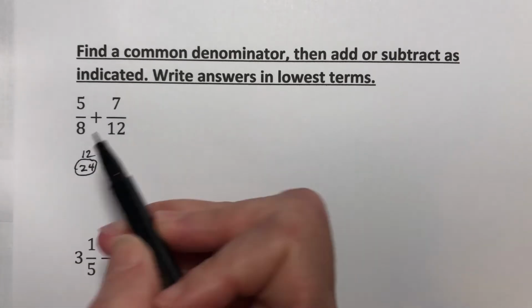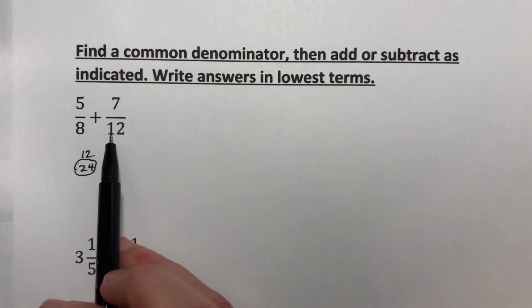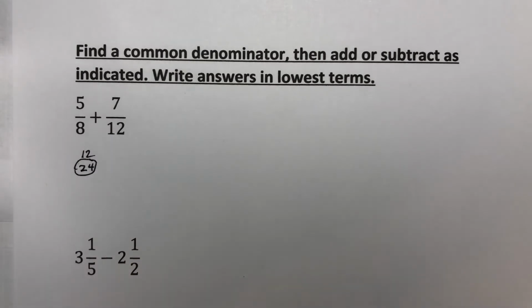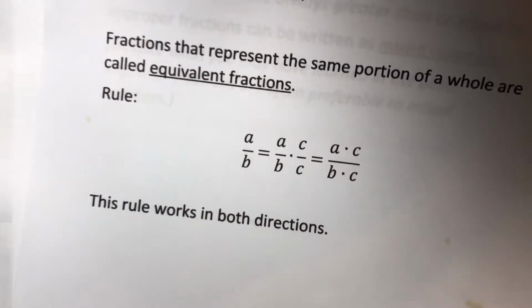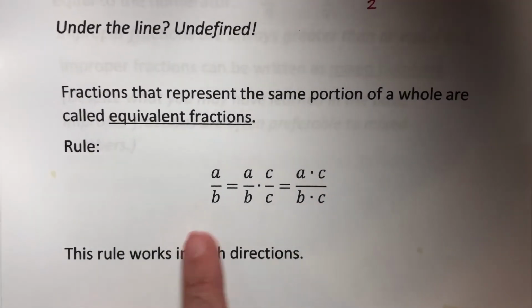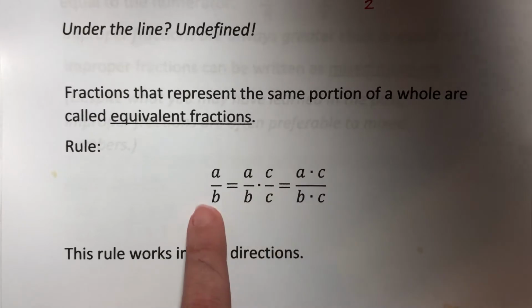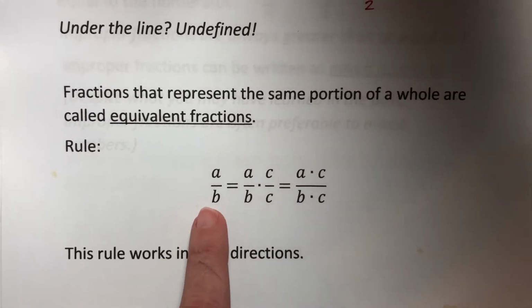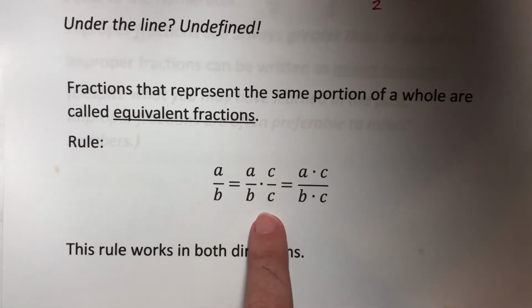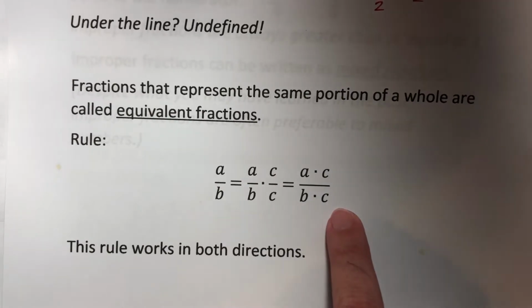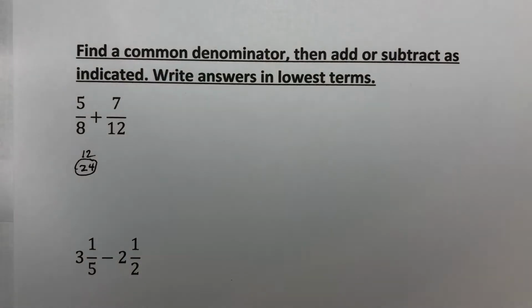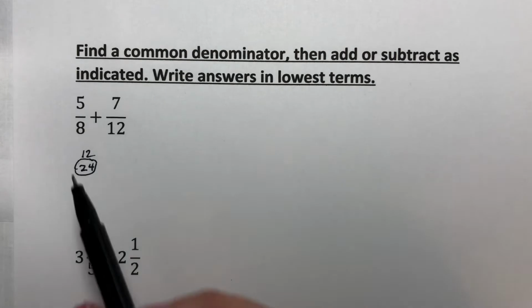Remember, on the very first part, we talked about how this rule works in both directions. We've been starting off with something like this and reducing them. Now we're going to start off with something like this and multiply top and bottom by something to change it into something else. So we're finally using that rule in reverse.